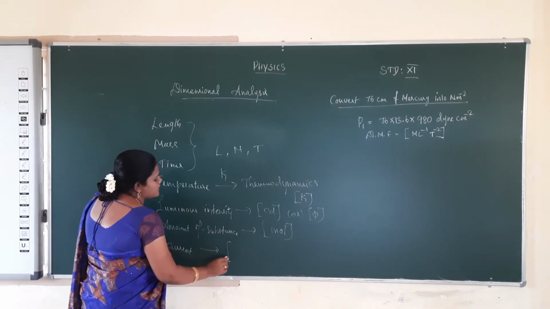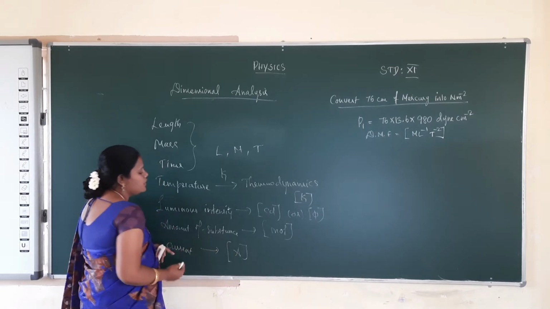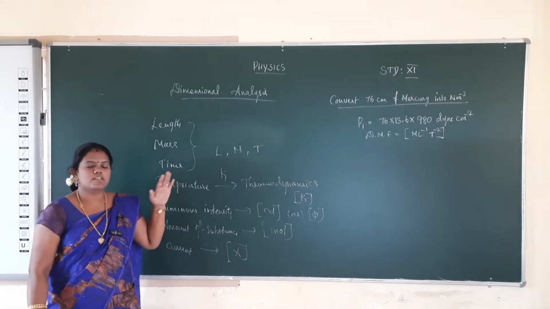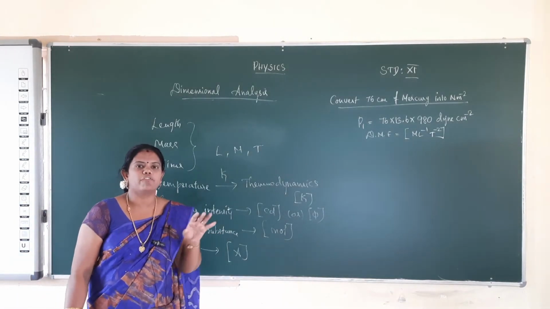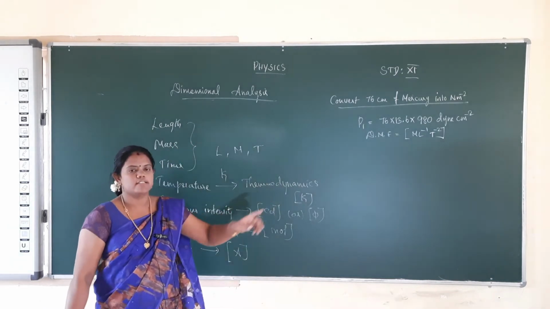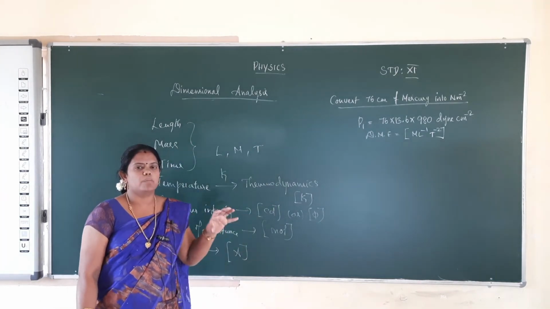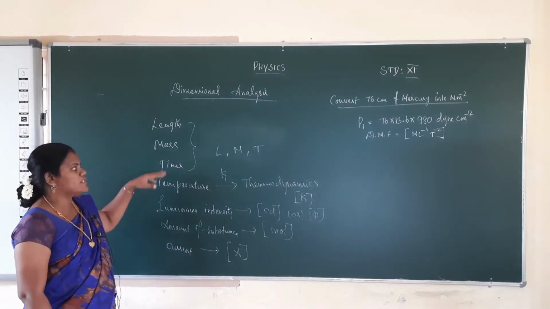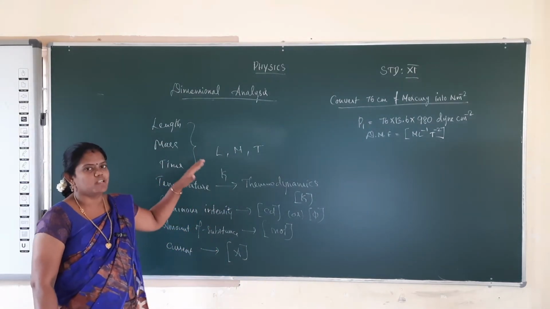The unit of current is ampere, so the square bracket of A denotes its dimension. Dimension is nothing but mentioning the initial capital letter within a square bracket. That is called dimensional analysis. So all physical quantities are discussed in dimensional form. Those are the dimensional formulas for all the basic physical quantities.